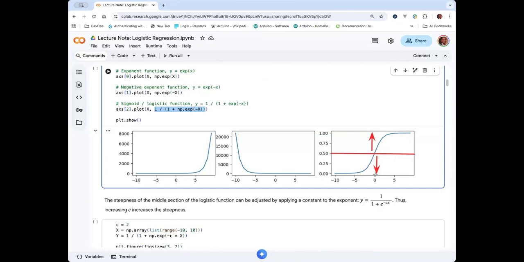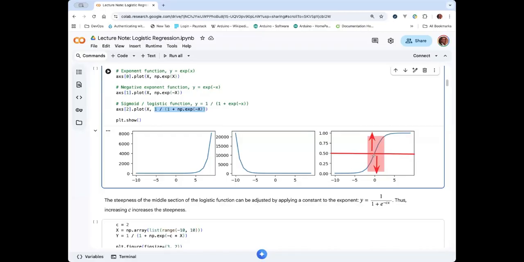Now, I already mentioned that there is this transition section where the y value is not exactly close to 1 or close to 0, but it's transitioning.